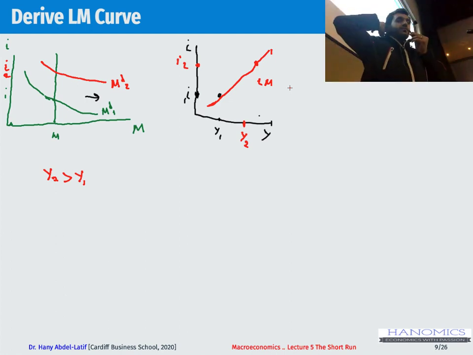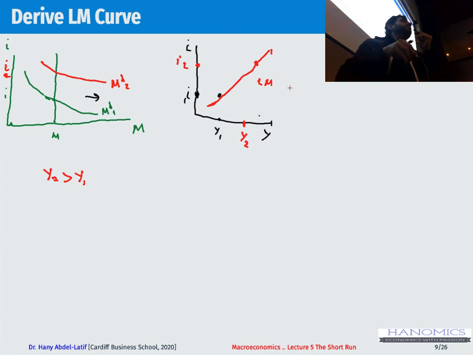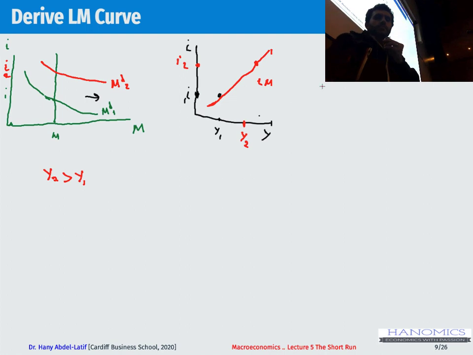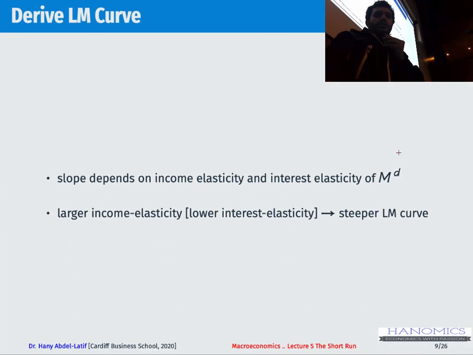So the effect of changes in fiscal policy goes through aggregate demand and affects the IS. Changes in monetary policy go through the money market and affect the LM curve.